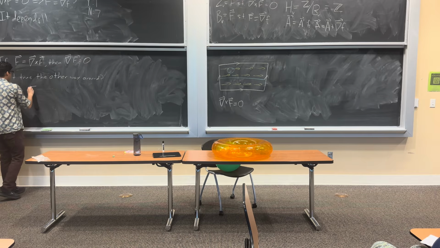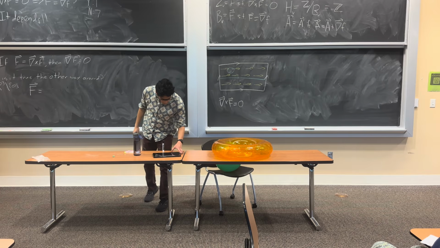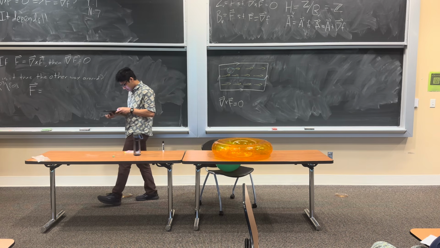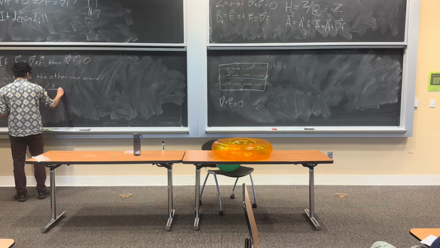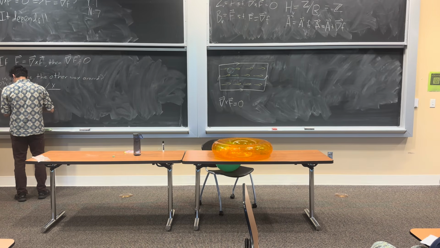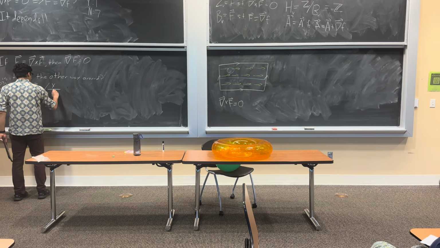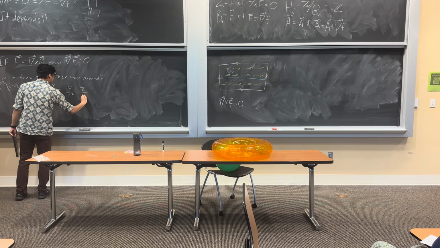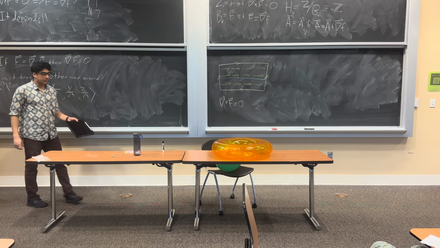And this time my example vector field is going to be X over R cubed, Y over R cubed, Z over R cubed, where R is just the square root of X squared plus Y squared plus Z squared.